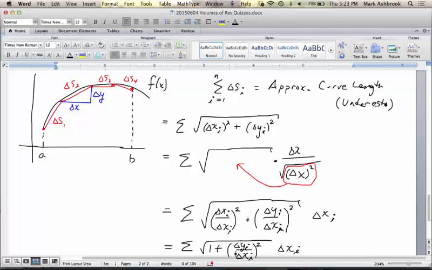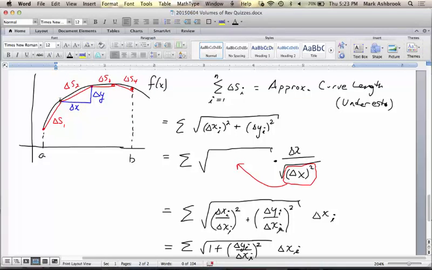Delta y is going to get small with it, right? What is delta y over delta x? What does it mean? Okay, right.